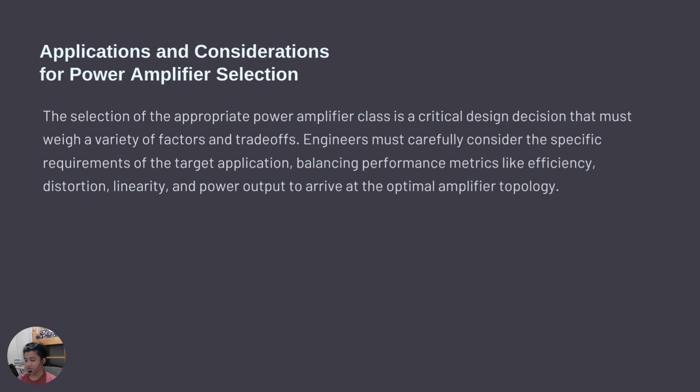For radio frequency and communication systems, Class C amplifiers can be an attractive option due to their high efficiency, up to 90%. Despite the increased levels of distortion, the distortion in these applications is often more easily filtered out, making Class C a viable choice where power efficiency is the primary concern.